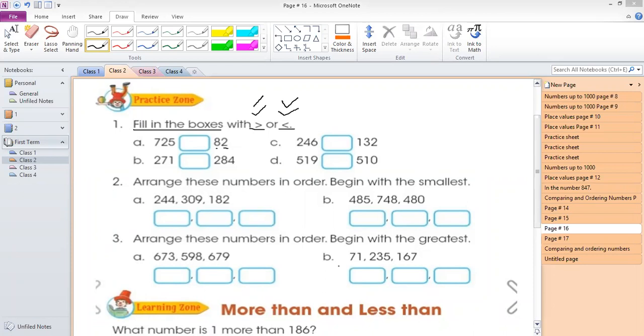Okay, Ahmad Muhammad, greater than. But what is the sign of greater than? Show me that sign. Abdullah, very good. Anas Muhammad, very good. Abdul Malik Hassan, very good. Abdul Rauf, what is your answer? Ahmad Muhammad, very good. Abdullah, very good.